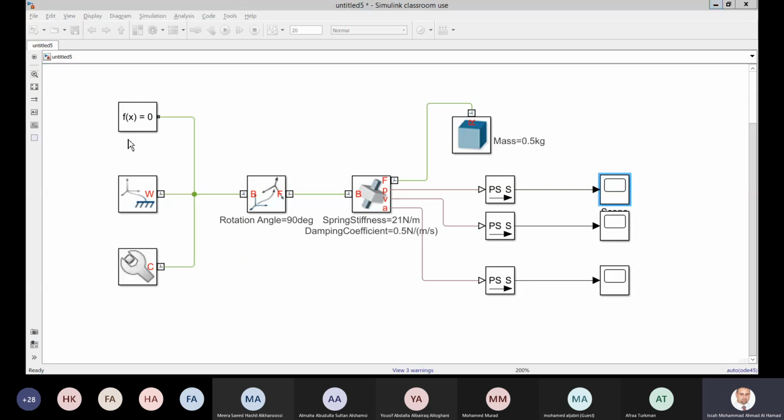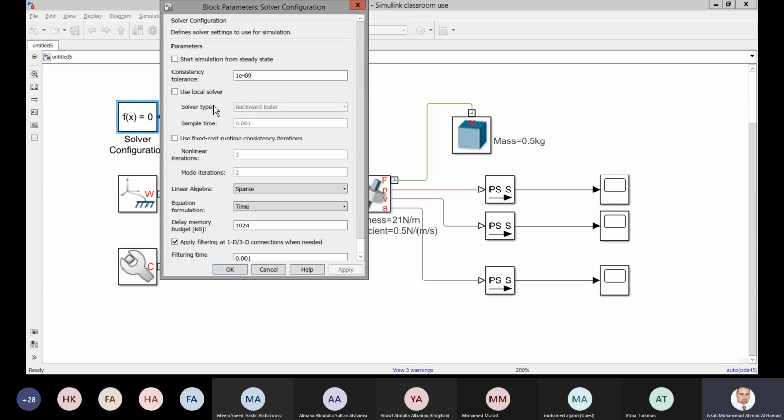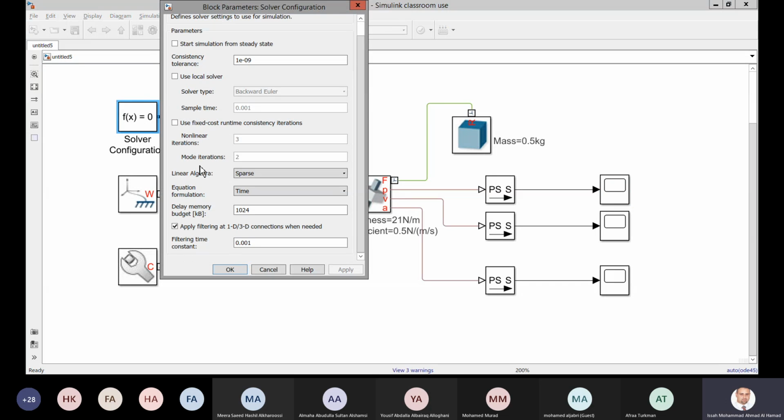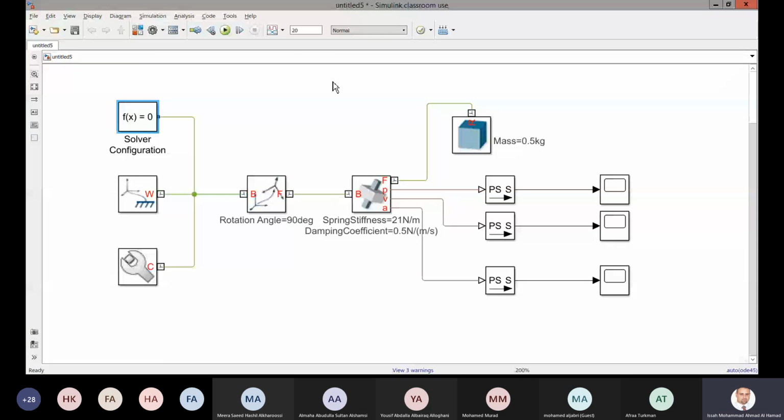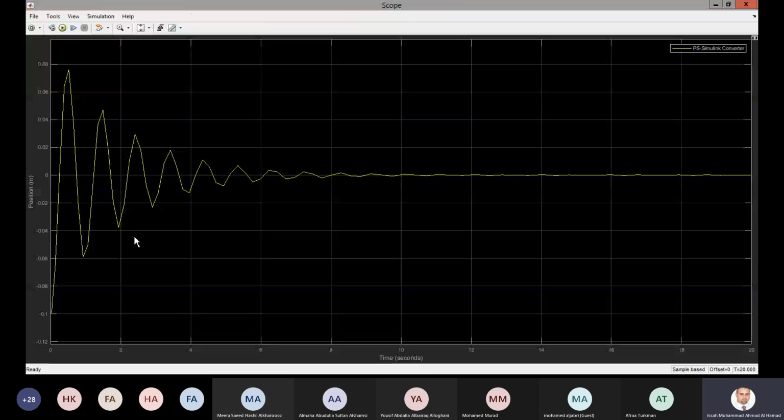So let me check something here. Maybe this one is changing the time step. So I can press apply here. Let's check what happened.